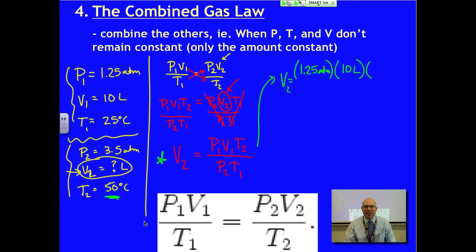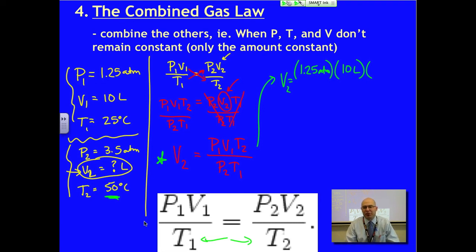One of the reasons is that 0 degrees Celsius is a very common temperature. In fact, it's standard temperature. Because temperature is in the denominator of our combined gas law, and of Charles's and Gay-Lussac's, if 0 is a very common value for it, it would be undefined. You can't divide by 0. Whereas with Kelvin, you can never have 0.